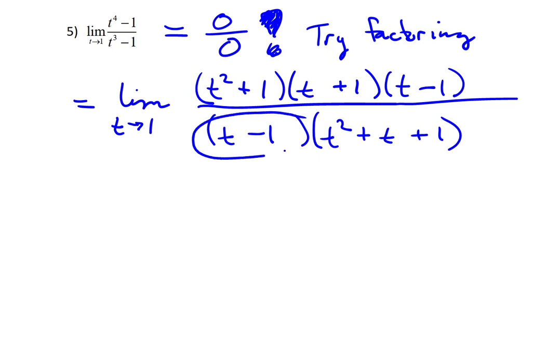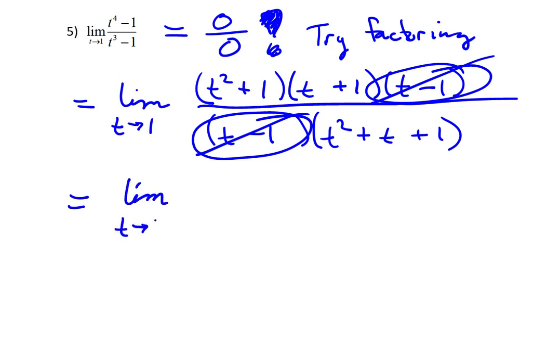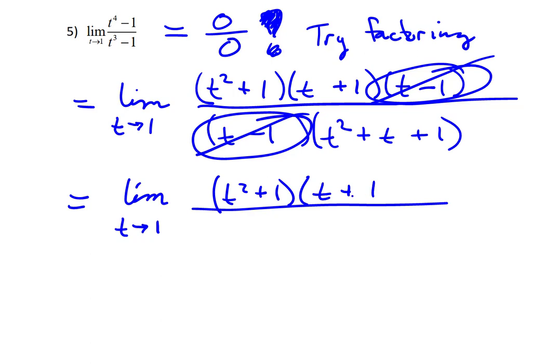These t minus 1s, we have one in the numerator, one in the denominator, and since everything is factored, we can cancel those, which means this is really the same as the limit as t approaches 1. We're just recopying everything now, where now the numerator is just the t squared plus 1 times a t plus 1, and the denominator is this t squared plus t plus 1. There's no need to expand the numerator now to get back to some combined terms expression.